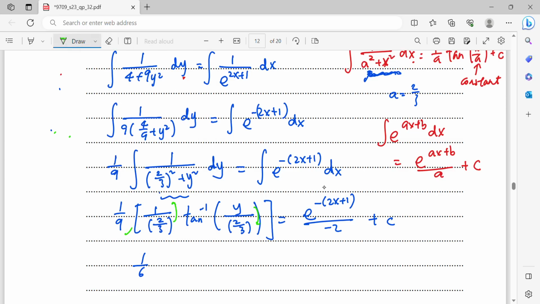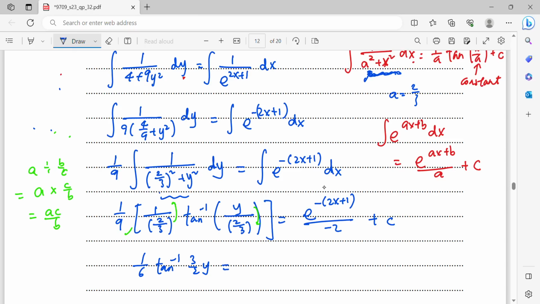So when you have this a divided by b over c, it will be the same as a times c over b. So it means that now if I need to simplify, this 2 over 3 will be 3 over 2y. So here becomes inverse tangent 3 over 2y.